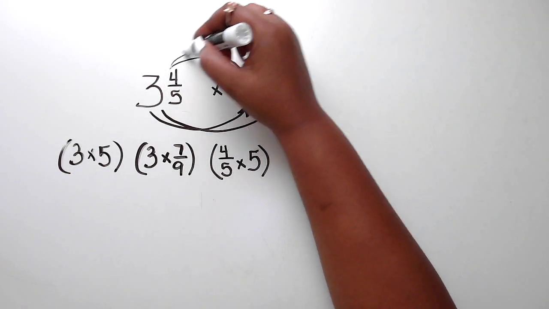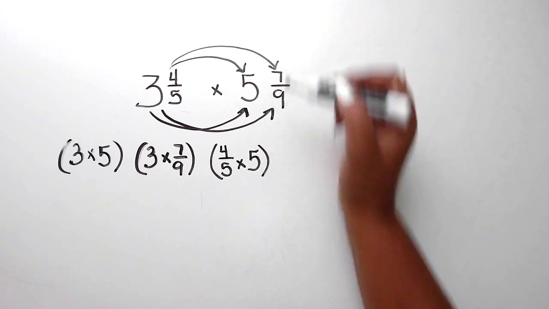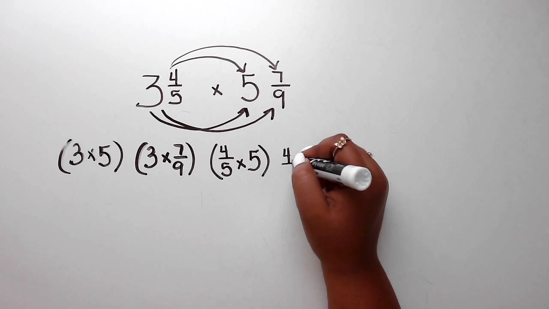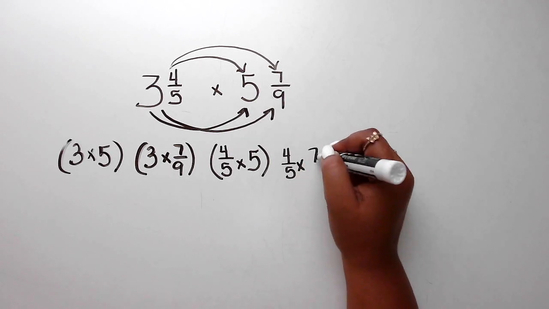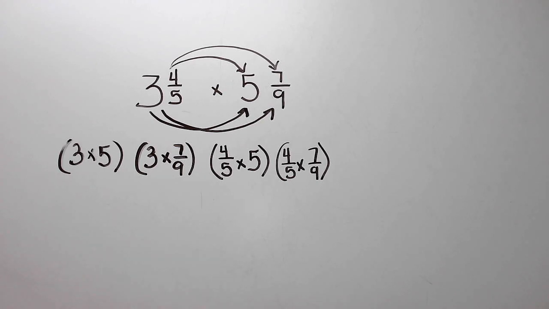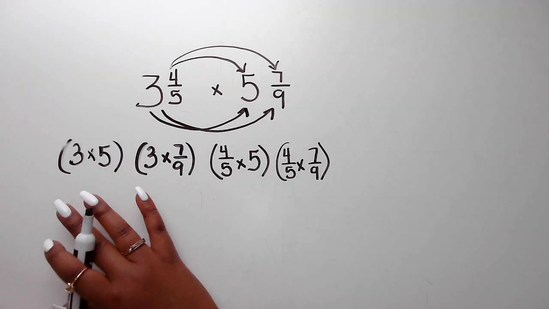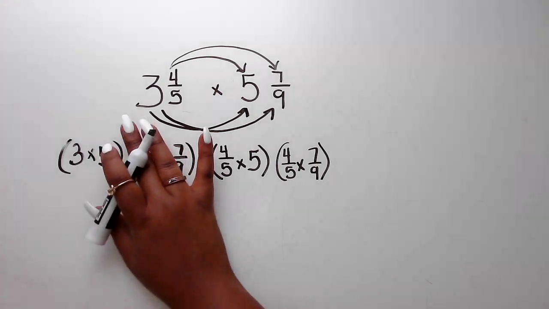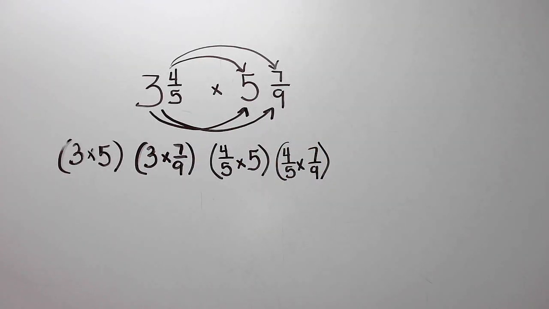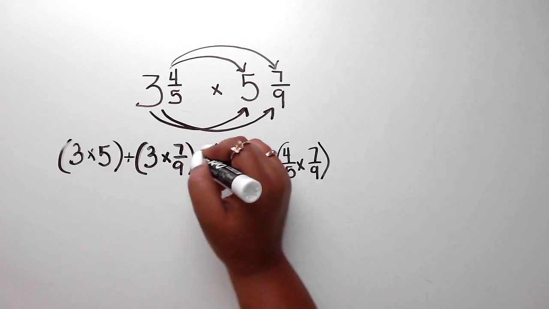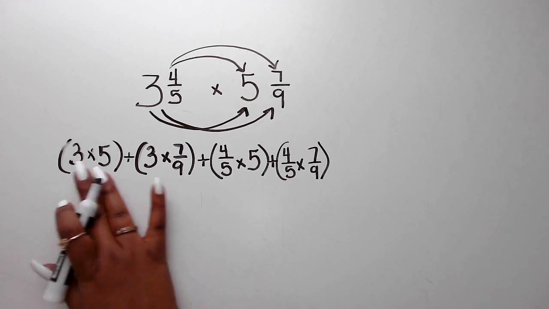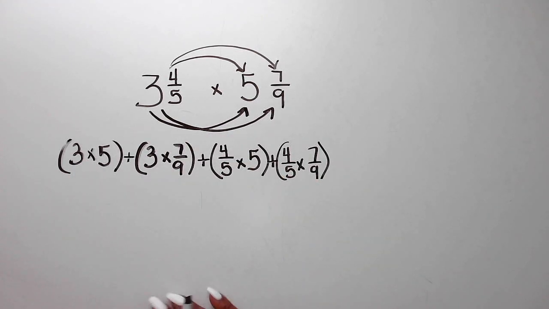Then take 4/5 and multiply it by 7/9. So we broke each mixed number down by whole number and fraction, and then we're multiplying each part by each part of the other mixed number. So once you find the products for each expression, then we're going to add them back together.